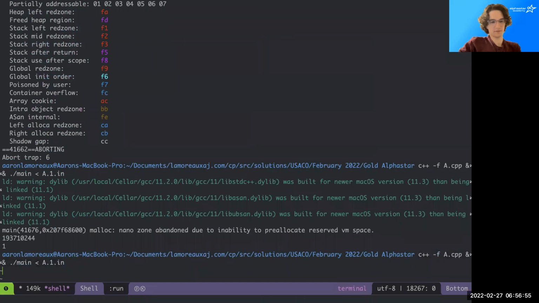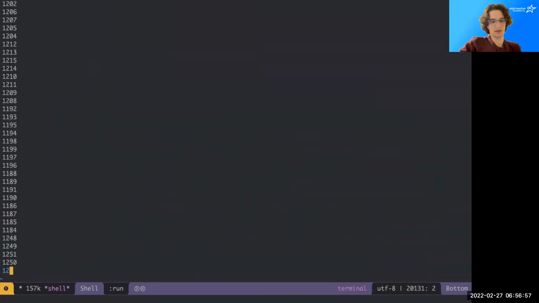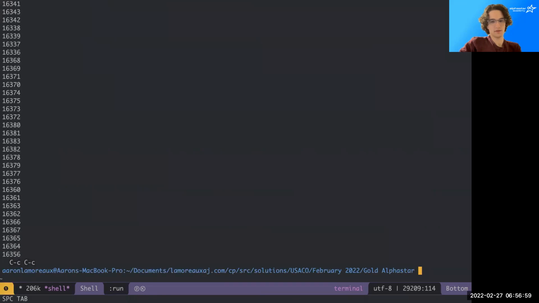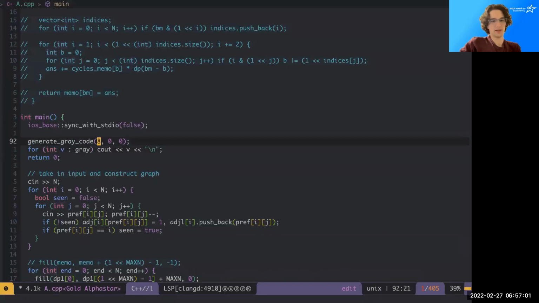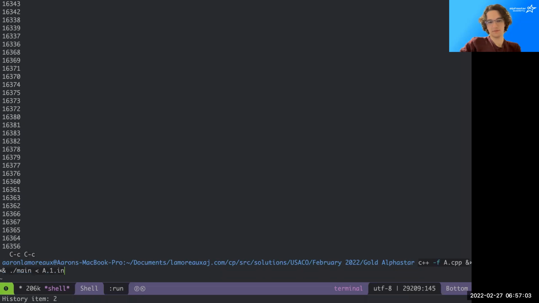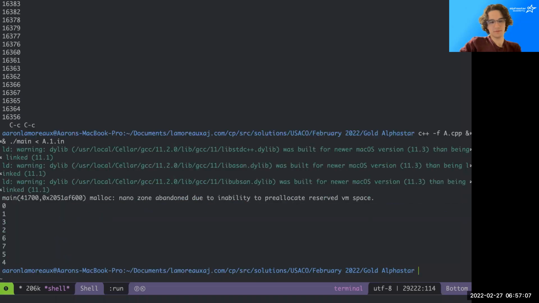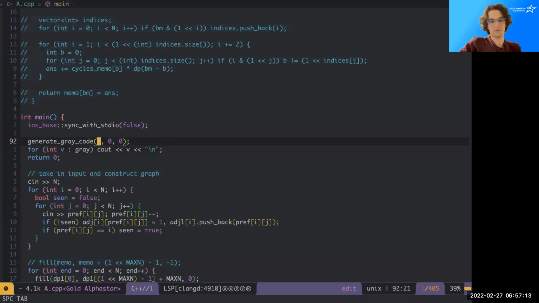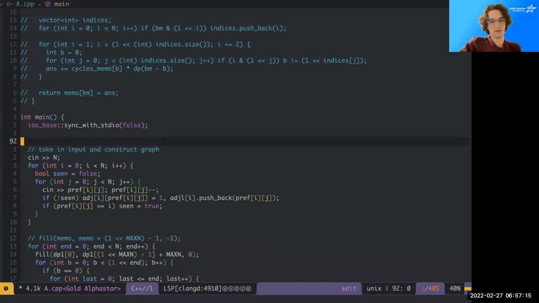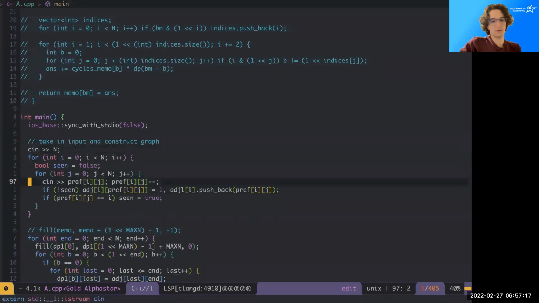Doesn't matter that that's the input. Let's see. I guess I'll test it for... What gray codes?